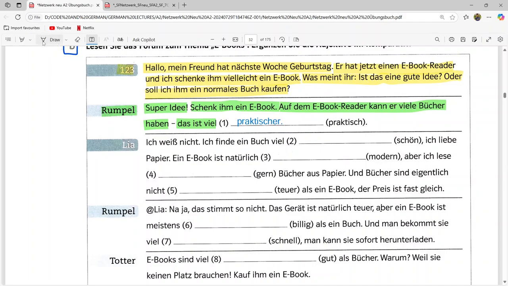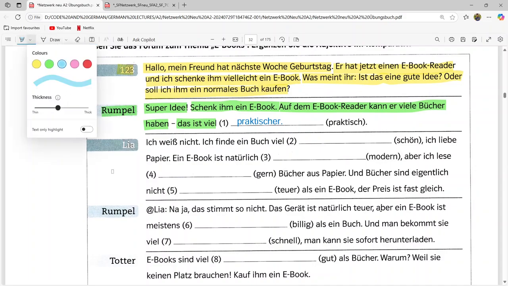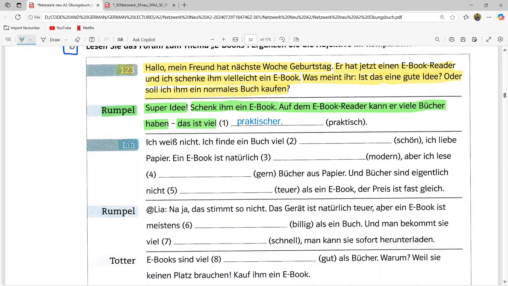Okay, done. Next friend is Liya. Liya is saying, ich weiß nicht, I don't know, ich finde ein Buch viel schöner. I find a book better. Okay, so schön will become schöner.